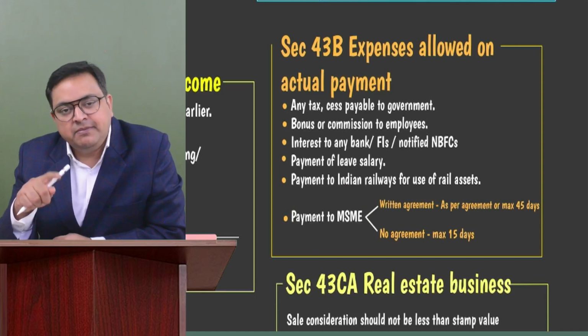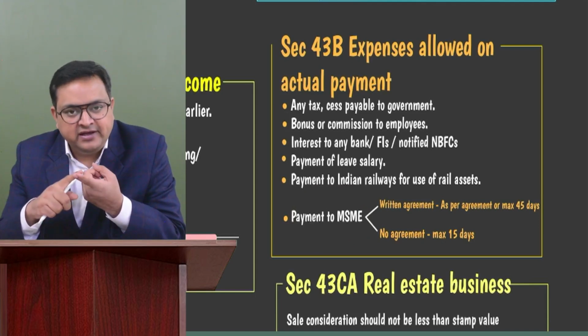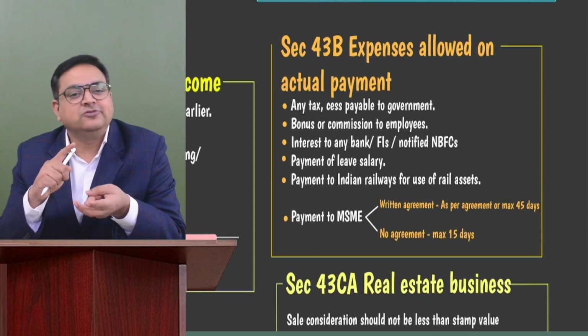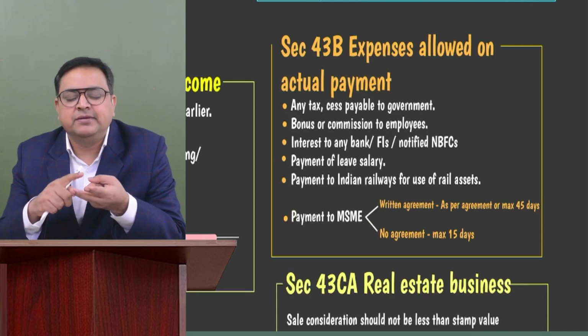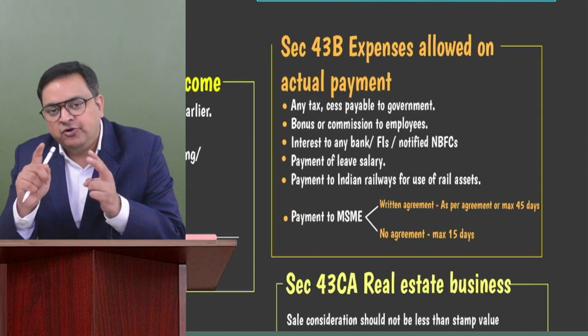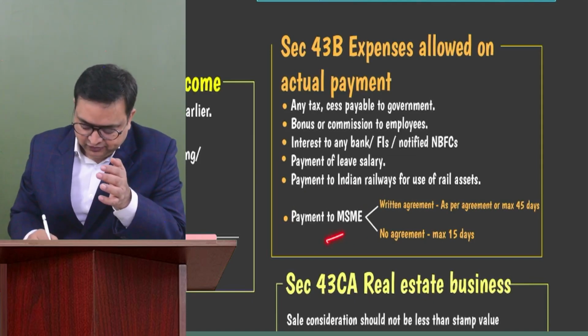If you are making a payment after 45 days, it will not be on accrual basis. And if there is no written agreement, the payment should be made within 15 days. If you are making it after 15 days, it will not be allowed on accrual basis; it will be allowed only on payment basis. So this is important.